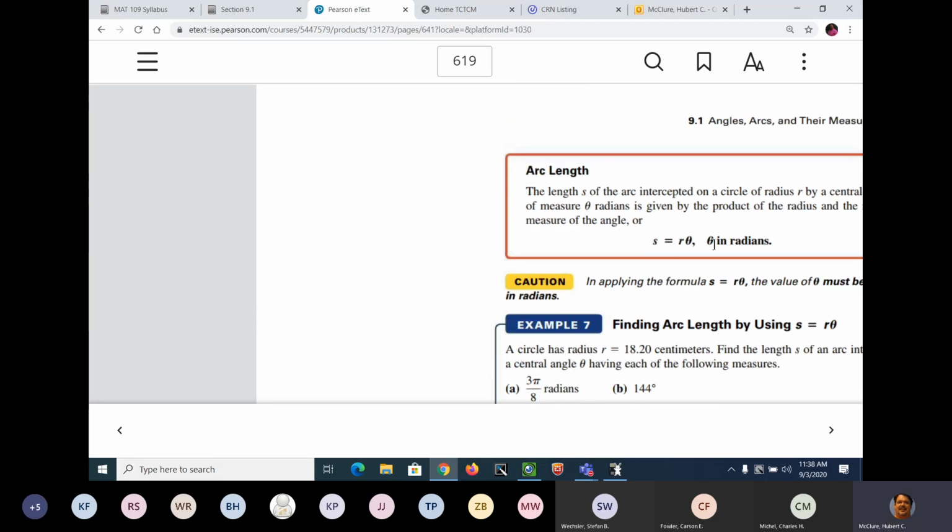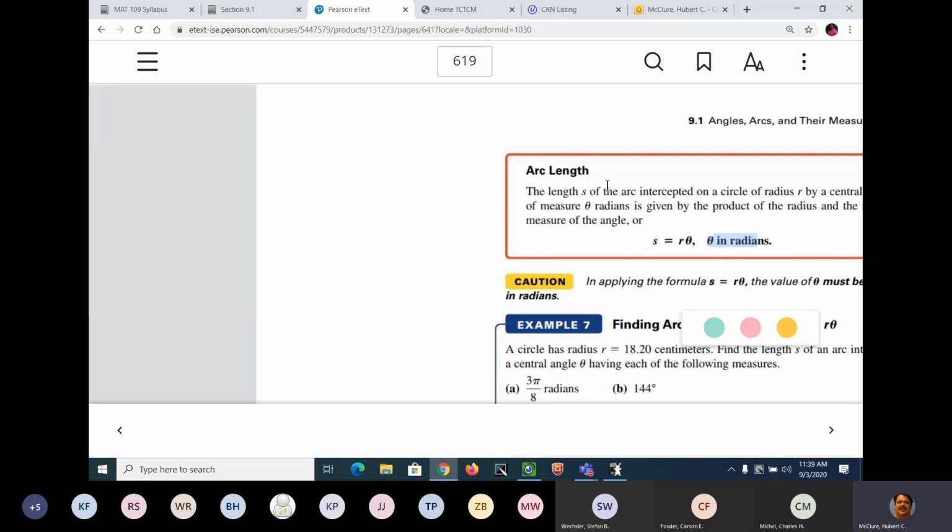There it is. Theta is in radians. See there? Now, if you want to take your calculator and convert it and then do it, that's fine. And some calculators will take theta as long as you tell it whether you're in degrees or radians, it'll do it for you.